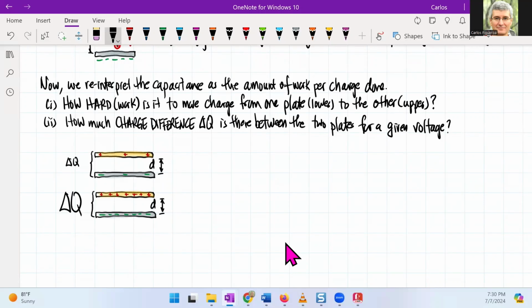So in this situation, if I have a smaller charge difference, and what I mean by that is that Q is the charge of the upper plate minus the charge of the lower plate, we're going to see that this tells us that we're going to have a lower capacitance.